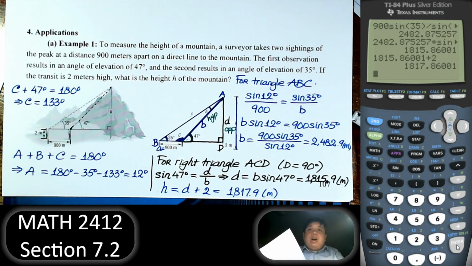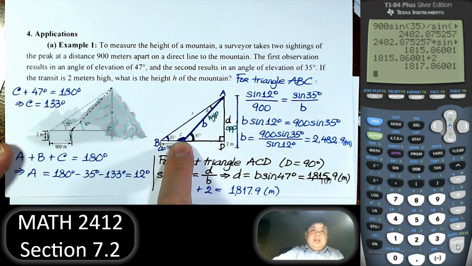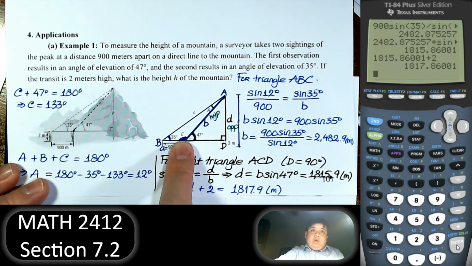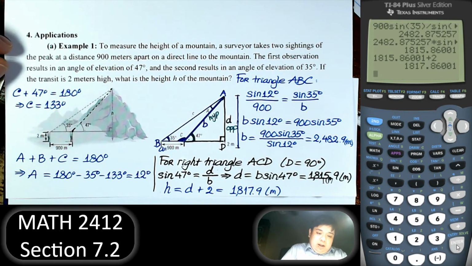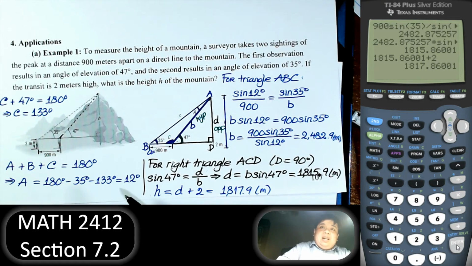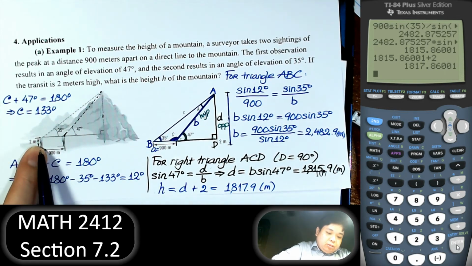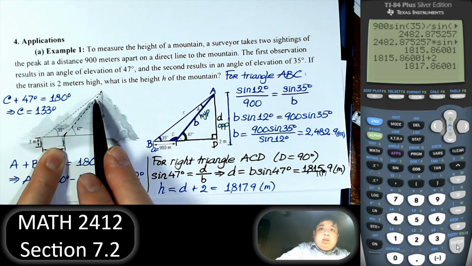Right. So in this one we have more than one triangle to consider. One is the obtuse triangle, one is the right triangle. The reason that we cannot find the height of the mountain directly is that we usually cannot walk to the point directly below the peak of the mountain.